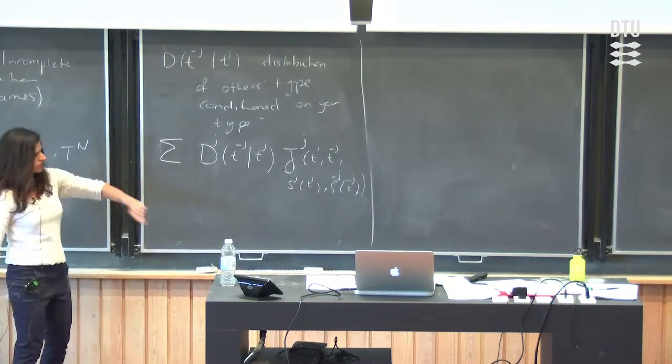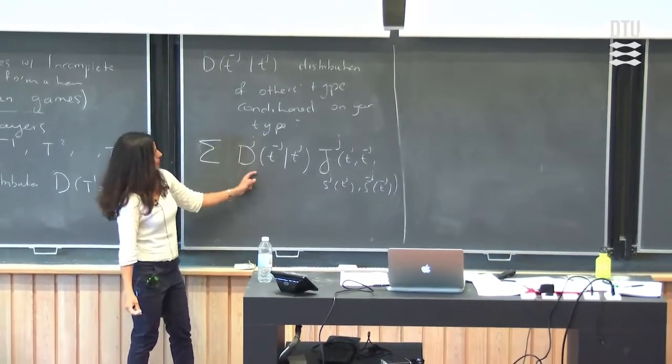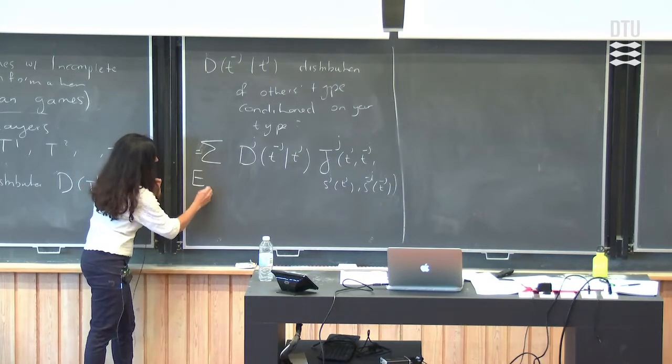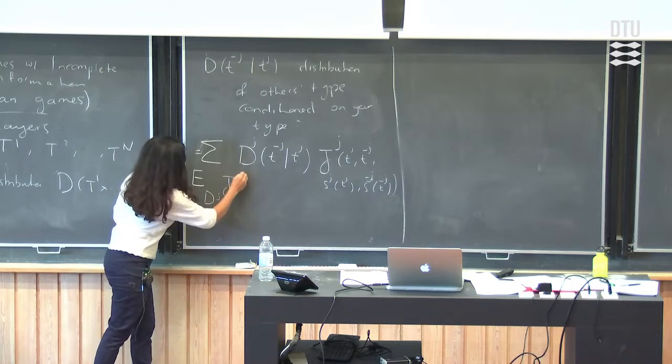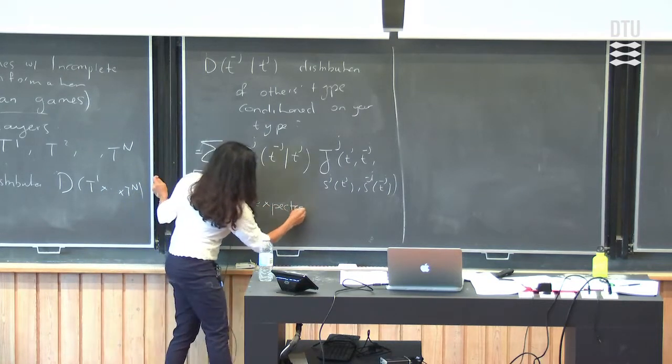So you choose a strategy, which is a map from your type to actions. Then you compute your expected utility. So this is the expected utility of player J.